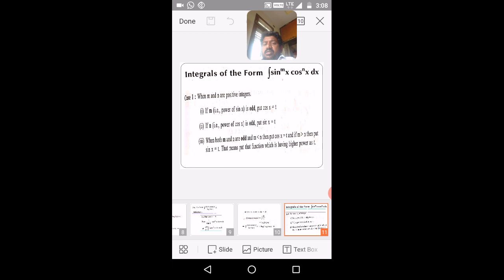That means if sin x has an odd power, then put the other trigonometric function as t, and vice versa.